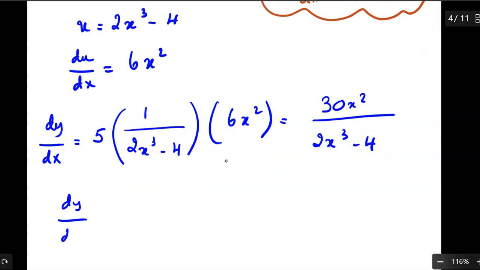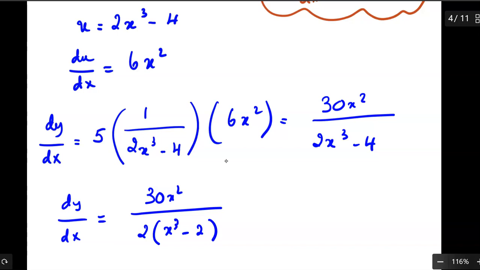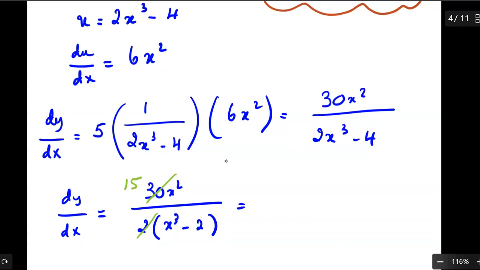However, I can simplify this further. So I will factor out the 2. So I should have x cubed minus 2 left inside the brackets. And you can see that the 2s cancel and will give you a 15. So the final answer is 15x squared, everything divided by x to the exponent 3 minus 2.